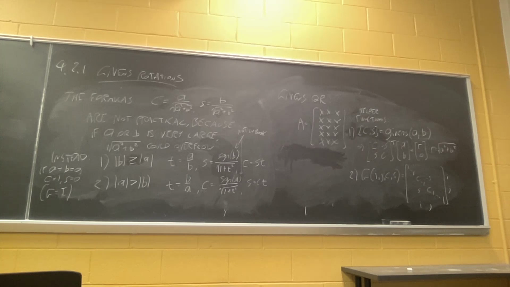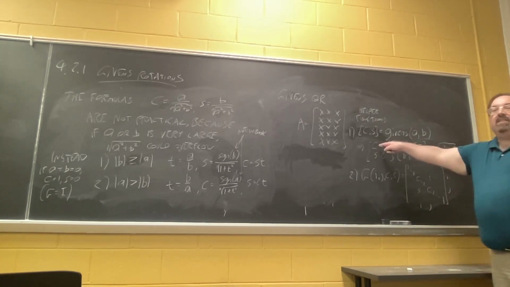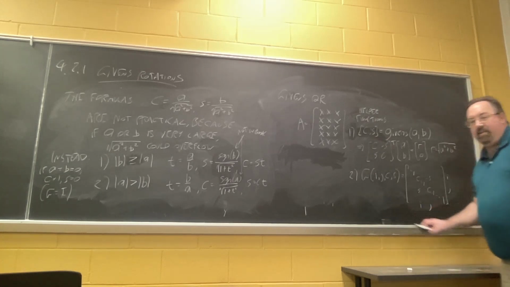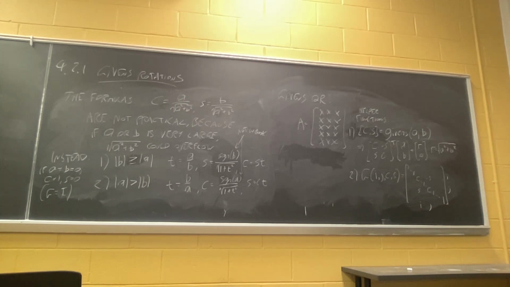So it's kind of like when you have a unit lower triangular matrix that had just one multiplier sitting there. You have identity except in the i and j rows and columns, these 4 locations, where you place the elements of this.